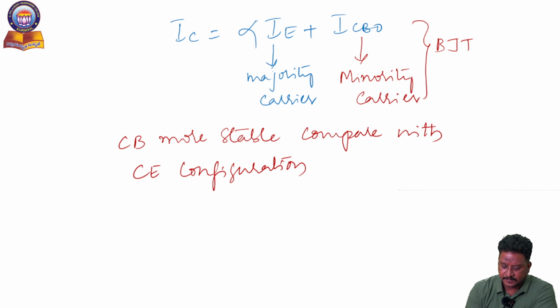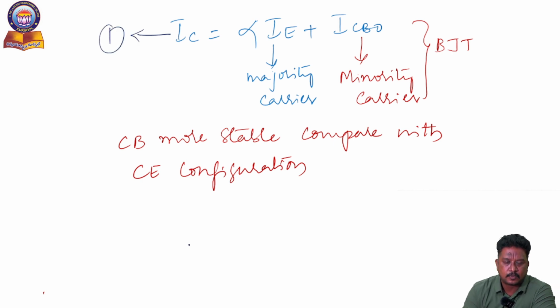In that process, first I am trying to find the stability factor. So I am taking the current equation of the common base configuration. For the stability factor, consider this as equation 1.